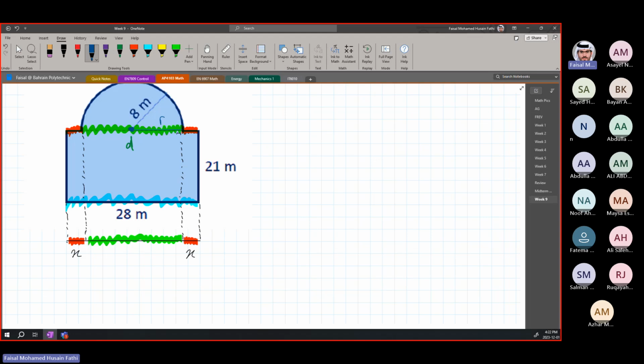And from this point up till here, this is also the radius r of the semicircle. So we can say that the green part is 2r or d, which is equal to 2 times 8, which is equal to 16 meters. This is for this green side over here. So the green side, we found out that it is 16 meters.